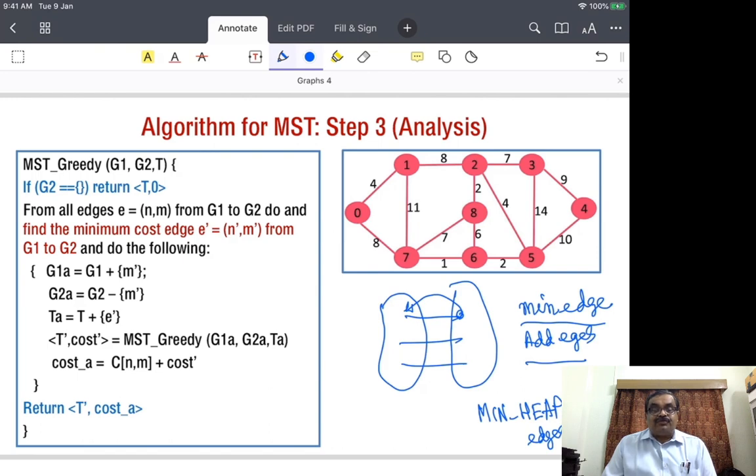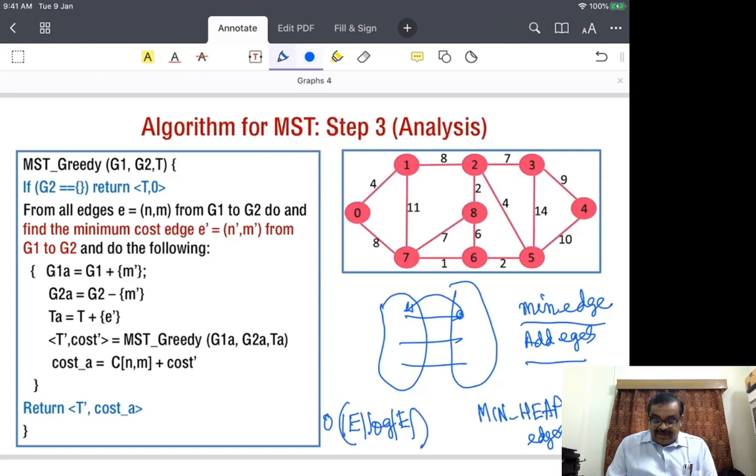And we have to make at most V minus 1 minimum calls on the heap, because if there are V vertices in the original graph G, we have to choose only one less than that. Therefore, if we have to choose all the edges once and we use a min heap, then the algorithm is of the order of E log E, where E is the number of edges.